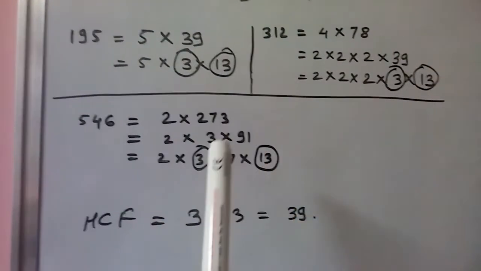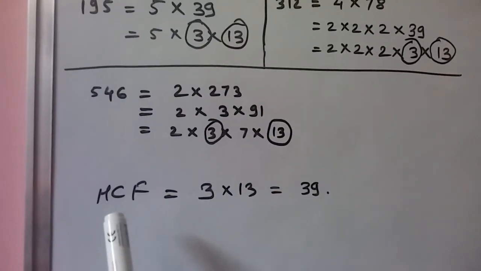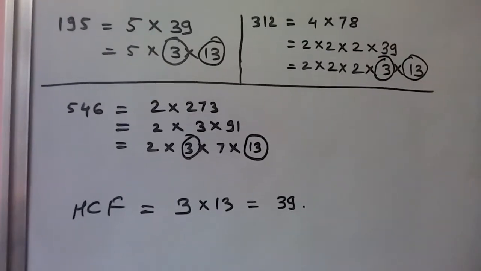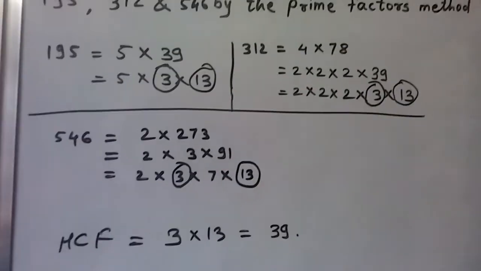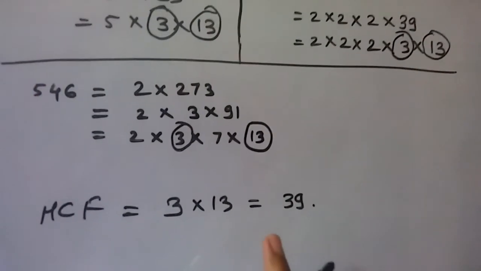Only two numbers are common, 3 and 13. Therefore, the HCF of 195, 312 and 546 is 39.